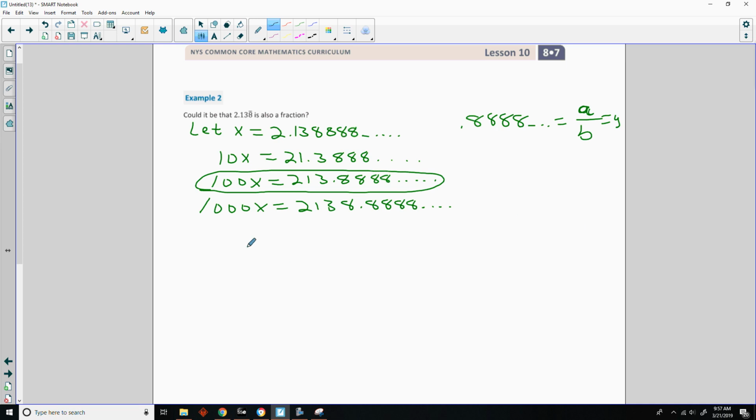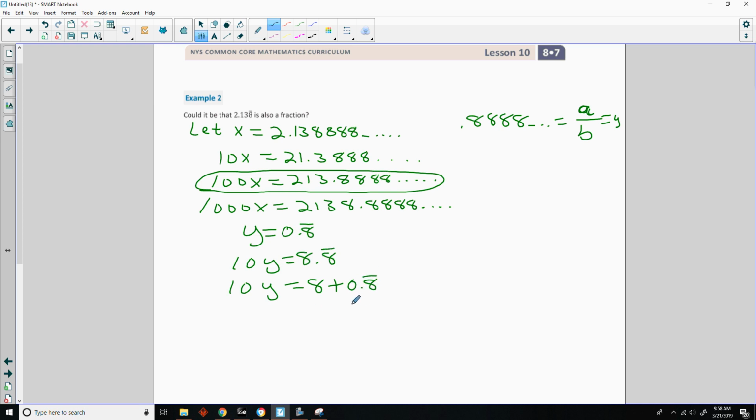So then we can say y equals 0.8 repeating. 10y equals 8.8 repeating. So 10y equals 8 plus 0.8 repeating.